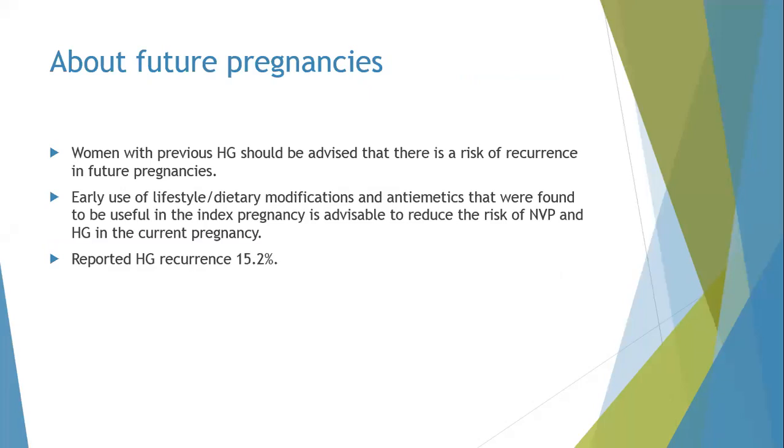Previously he said 16, but the accurate number is 15.2. Women with previous hyperemesis gravidarum should be advised that there is a risk of recurrence, and she should use early lifestyle and dietary modification and anti-emetics. These are good prophylaxis for her.